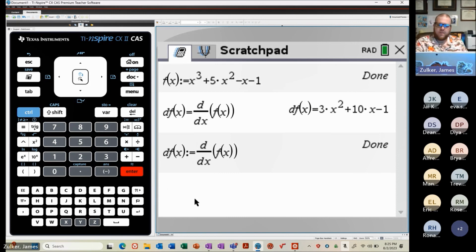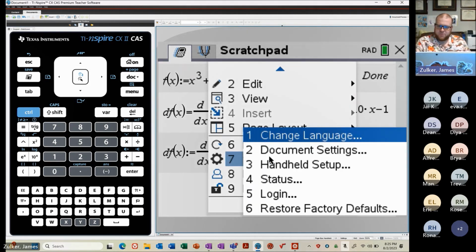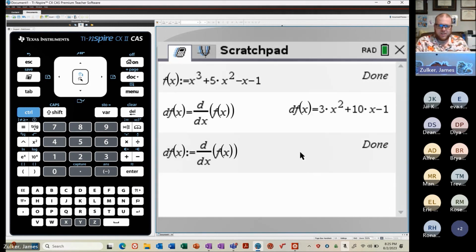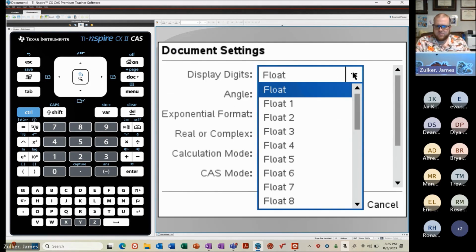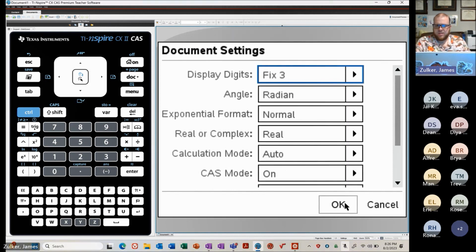Now I'm going to go first to document settings. I think I want fixed 3. No, I don't.